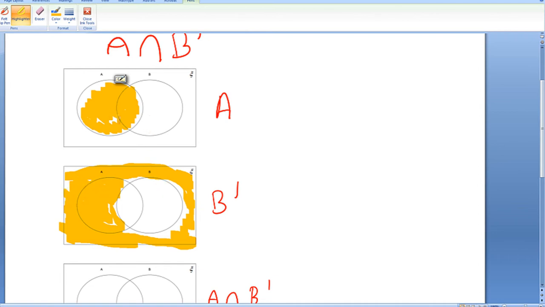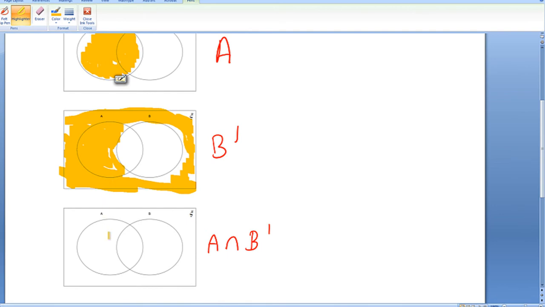Okay, so now we look at what they have in common. They've got this area here in common. We can see that A is shaded here, the intersection is shaded here, but the intersection isn't shaded in the other, so we've got these two areas that they both have in common, and we can shade that.